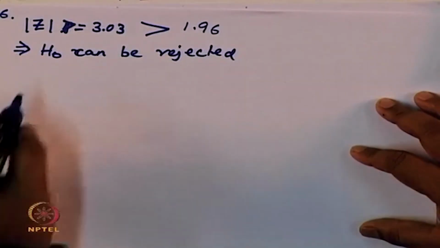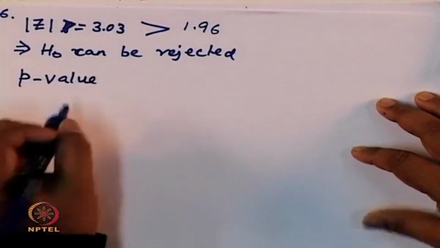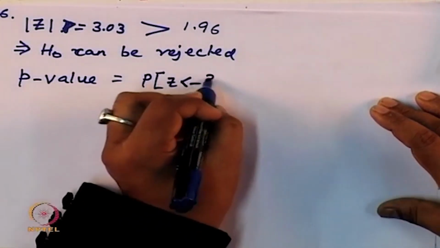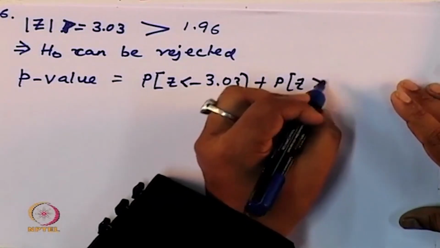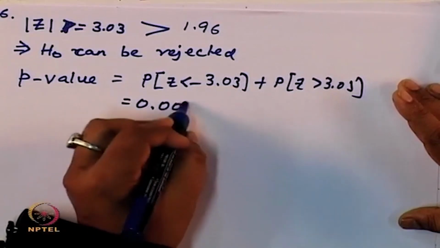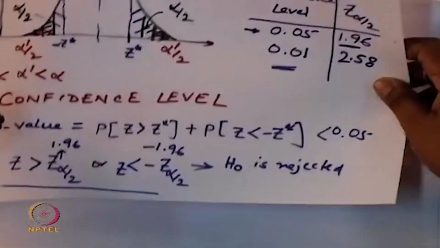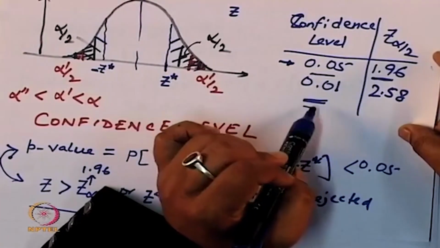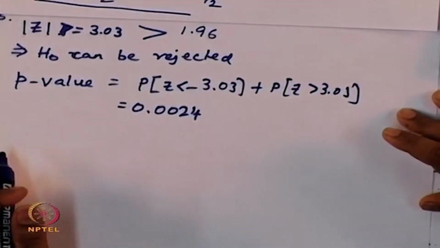If I calculate the p value, it would be given by p of z less than minus 3.03 plus p of z greater than 3.03, and you get a value of 0.0024. If you look at these values, your 5% level is 0.05, your 1% level is 0.01.